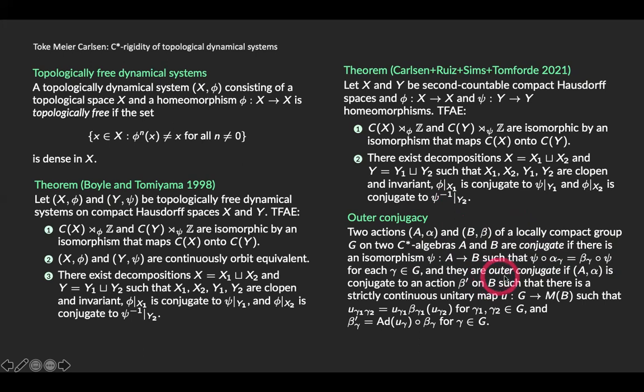And the actions are outer conjugate if one action is conjugate to an action beta prime on B, such that there's a strictly continuous unitary map from the group to the multiplier algebra of B, satisfying this cocycle condition, such that beta prime is the composition of beta with conjugation by this unitary action.